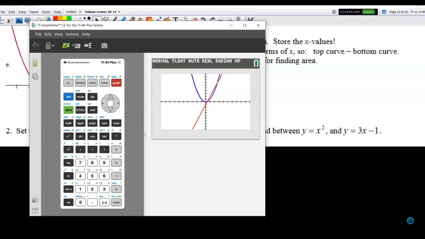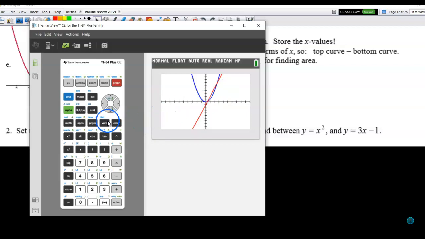All right, so here's the way you're going to store that y value. You can't store a y value directly from the intersection screen, but remember, I have already stored the corresponding x value in A and B. So this x value right down here is stored in A. This x value here is stored in B, and it's where these two, the parabola and the line, are intersecting.